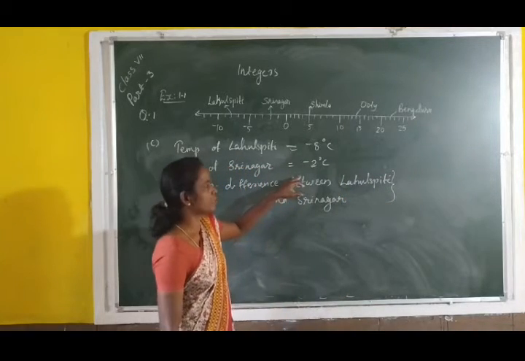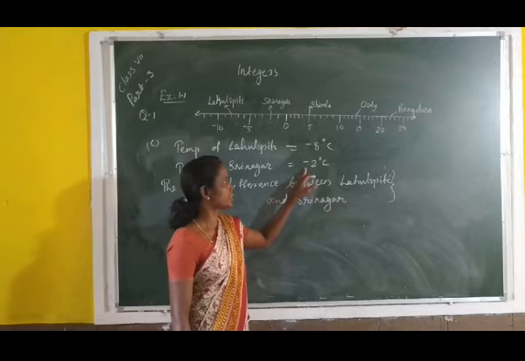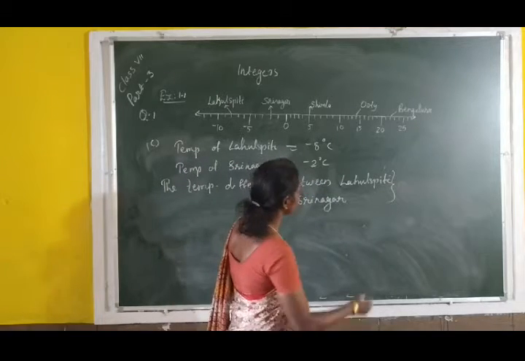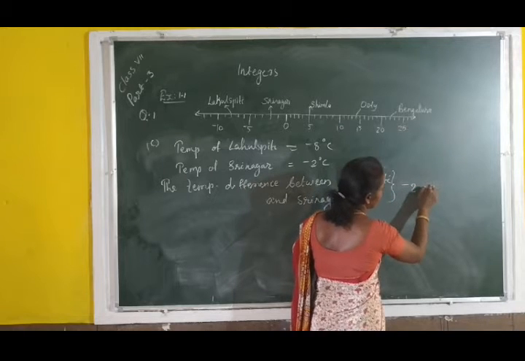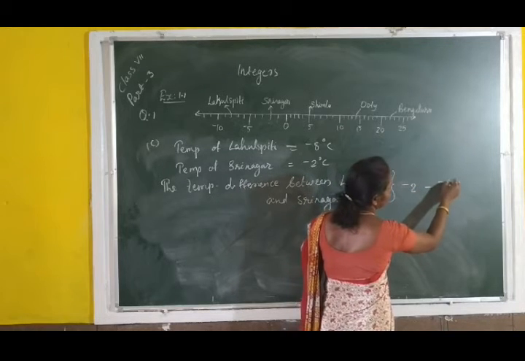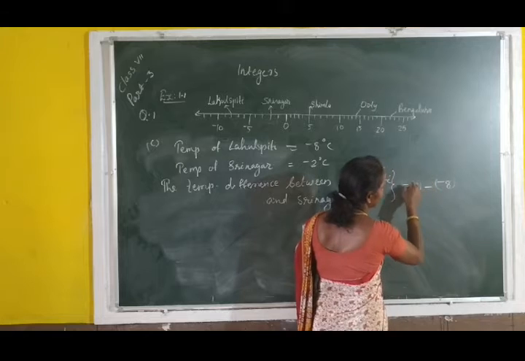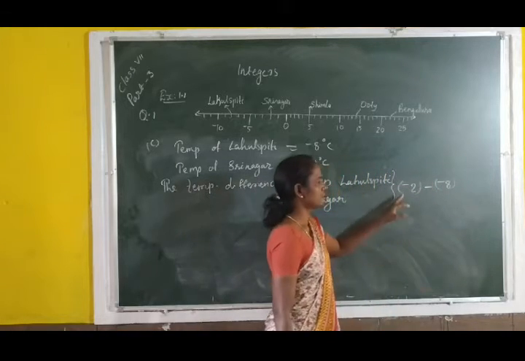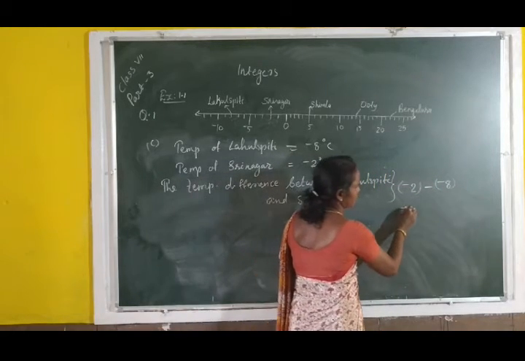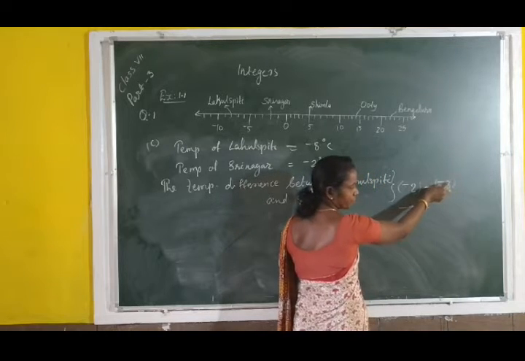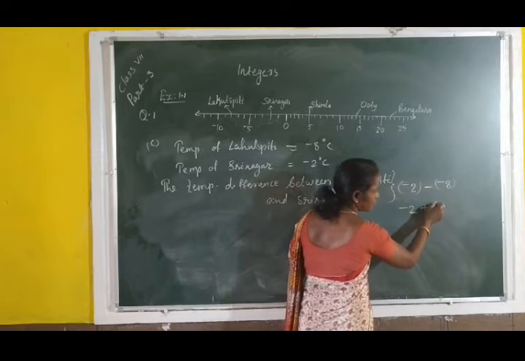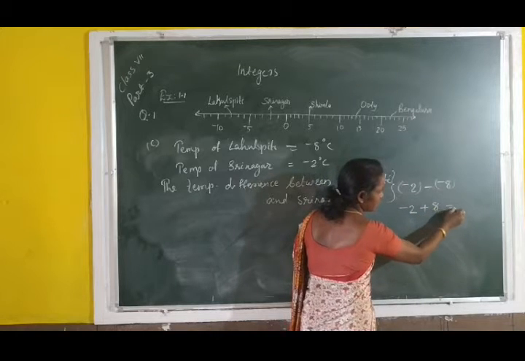So it is with this number, negative 2 degree Celsius. Now negative 2 degree minus negative 8 degree. Then we have the subtraction rule. Negative 2 plus the additive inverse of negative 8, which is positive 8. So what is the answer?